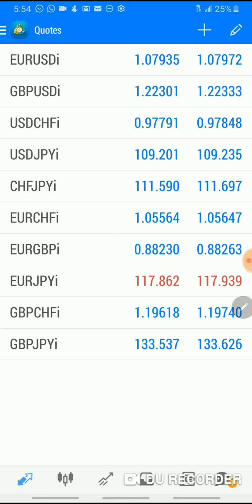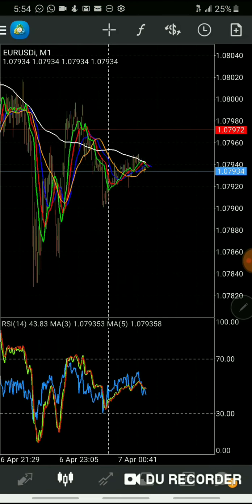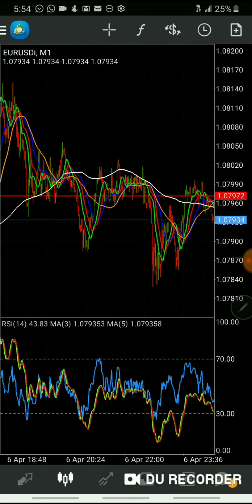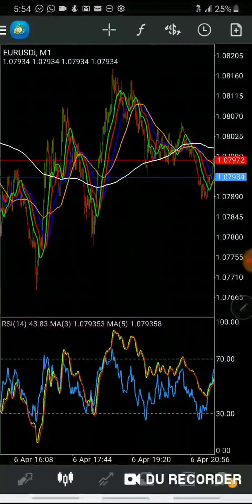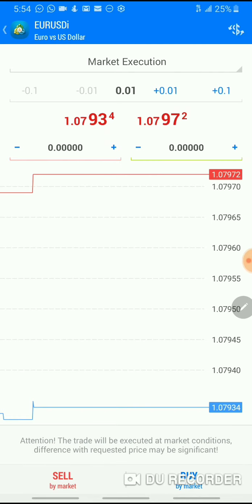All right, so I want to make a trade on Euro USD. We open the chart and we didn't check spread, we didn't check nothing. After we do our trend lines, our support and our resistance and all of these things, we say, okay, this is going for a sell, so we pass out.